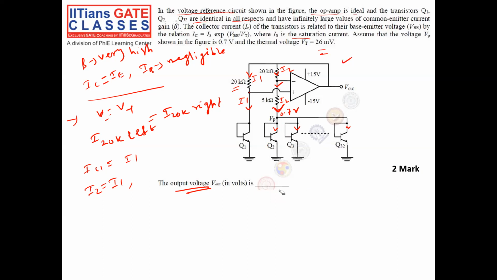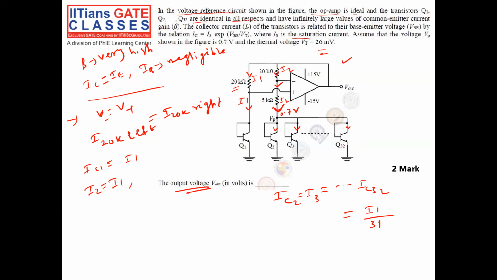So I can say IC2, the collector current of transistor 2, is equal to IC3, and so on up to IC32, which is equal to my input current divided equally. My input current I2 is nothing but I1 only, divided by how many transistors there are. Q2 to Q32 is 31 transistors, right? Clear?